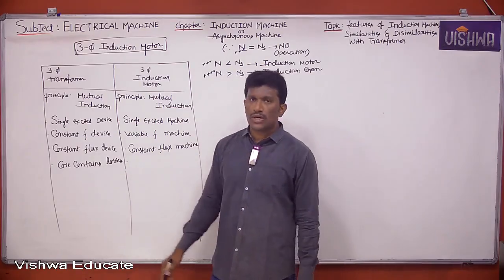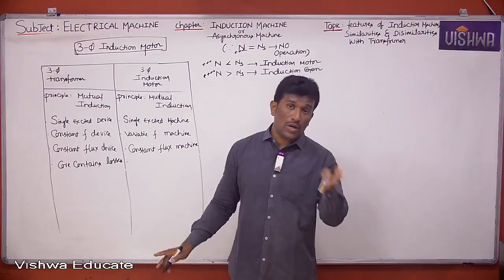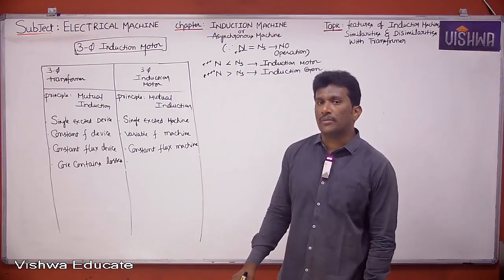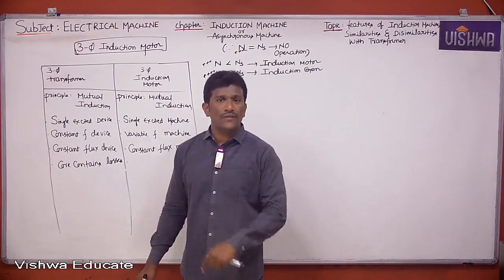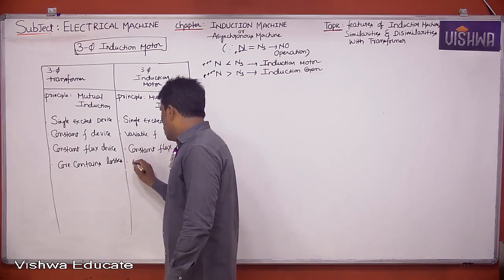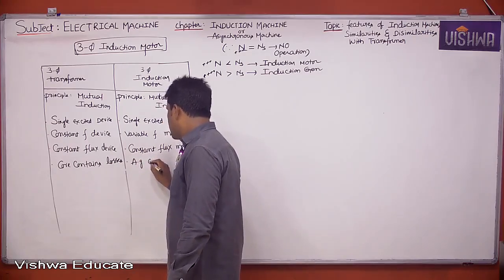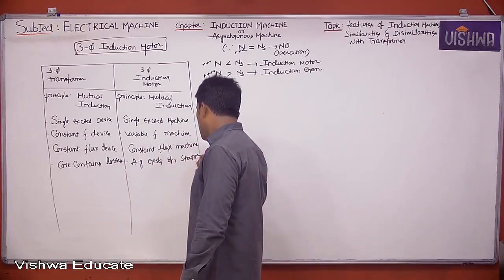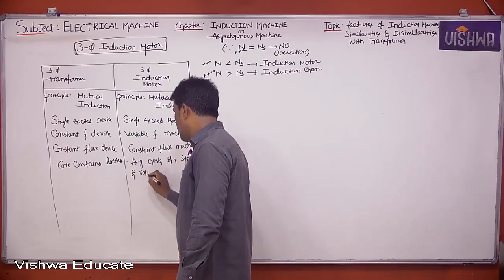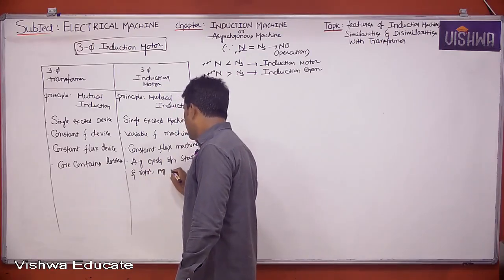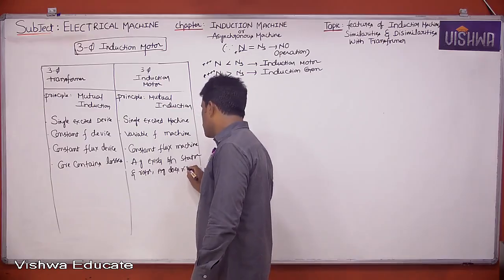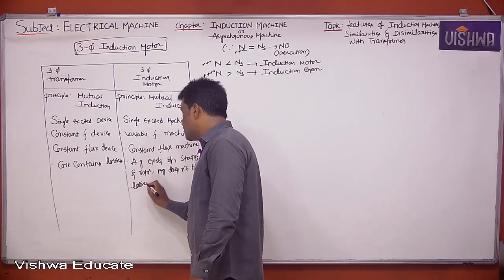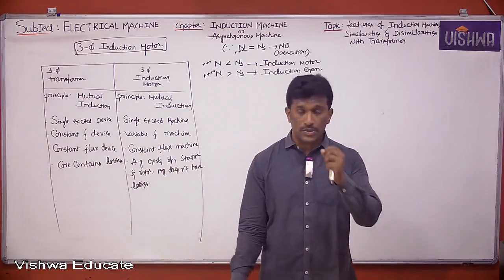In case of an induction motor, between the stator winding and rotor winding, your flux will flow through the air gap. The air gap does not have any losses. Let me write here: air gap exists between stator and rotor, and air gap does not have losses. Though the air gap does not have losses, you have to understand a small logic here.